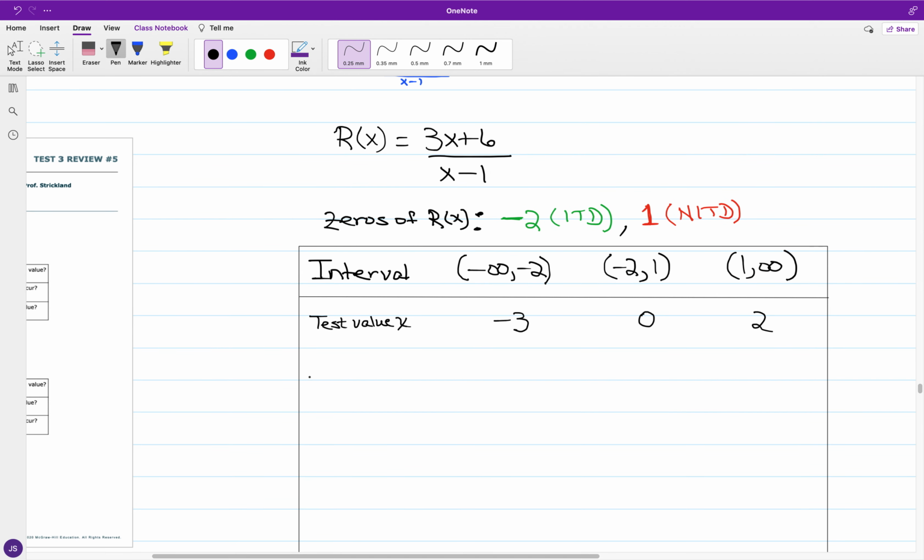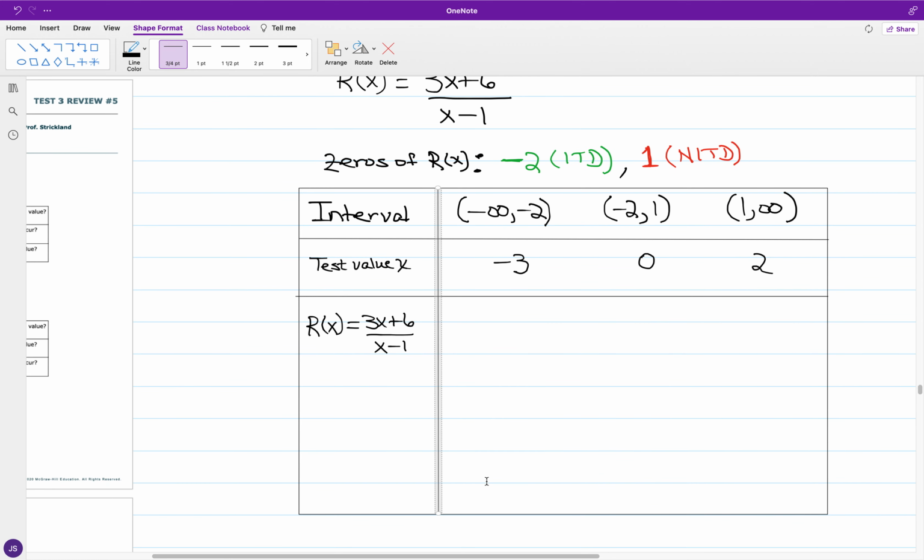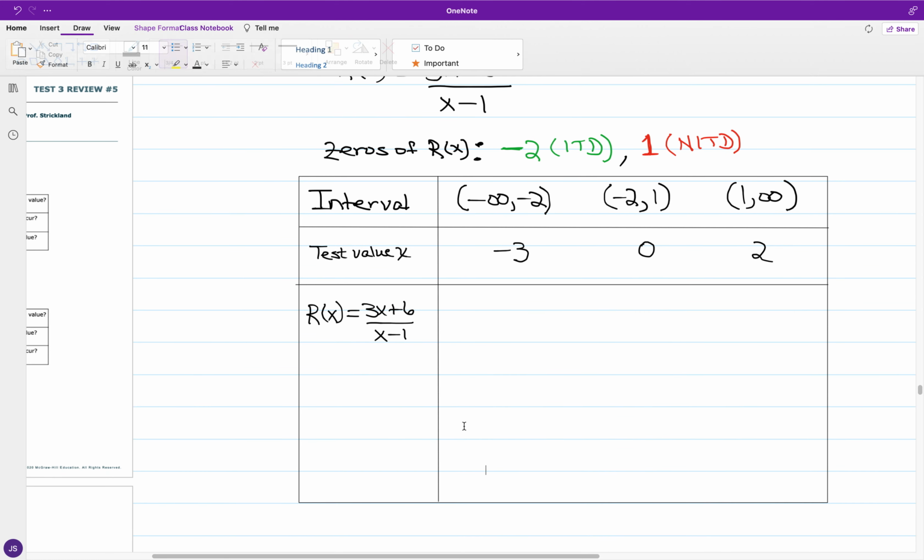And we have, again, for the function r of x, 3x plus 6 all over x minus 1, and just creating partitions here, for the case of inputting -3 for x, we got r of -3.